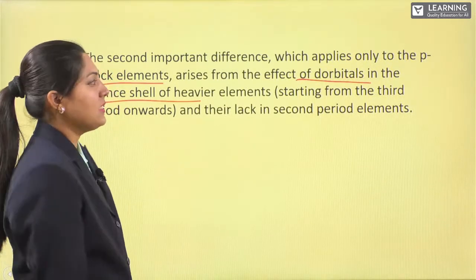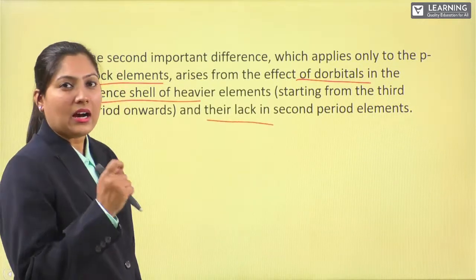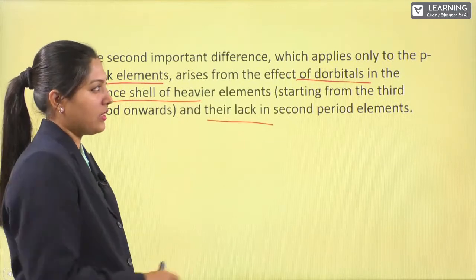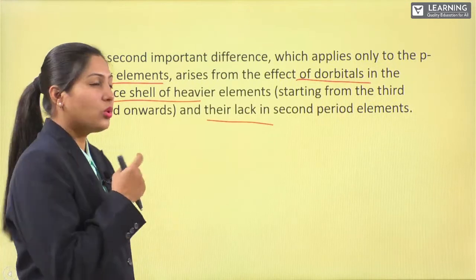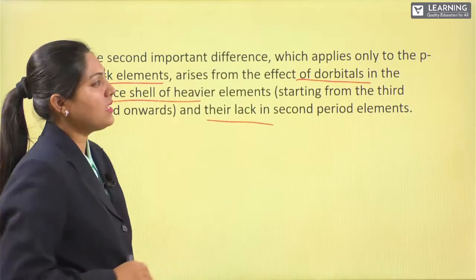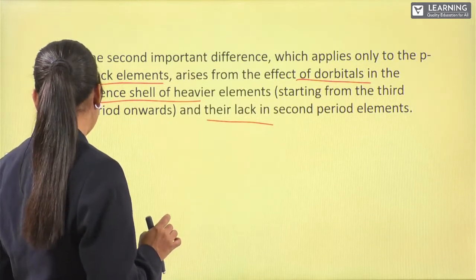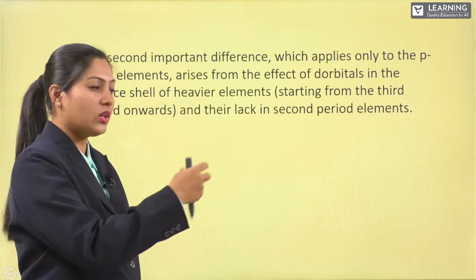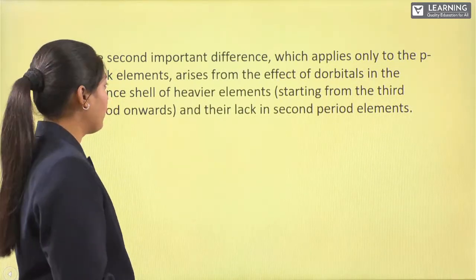So d orbitals are lacking in the second period, and hence as we are starting with the second period, those elements will not have this d orbital in them, and that makes the difference in the P block elements. So first members of all the P block elements.